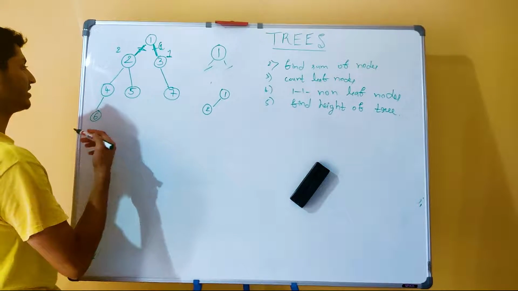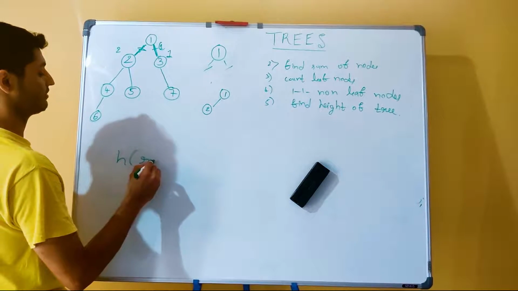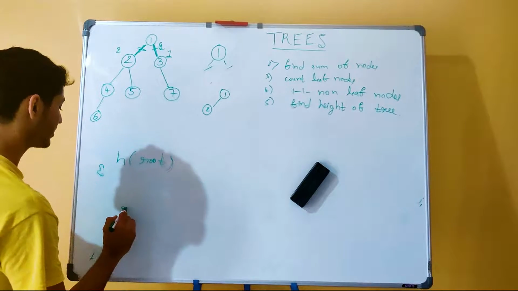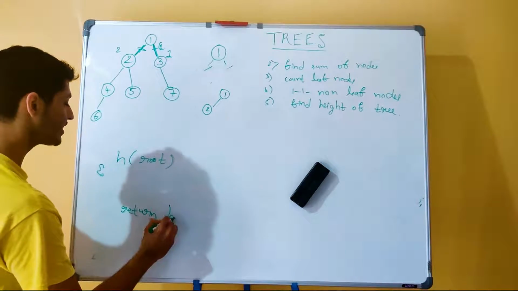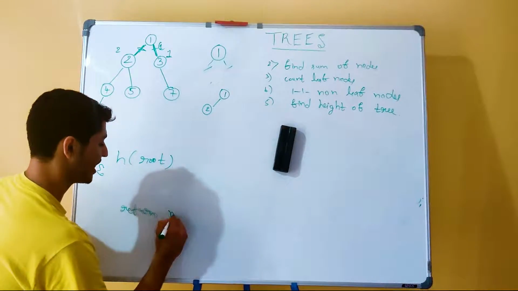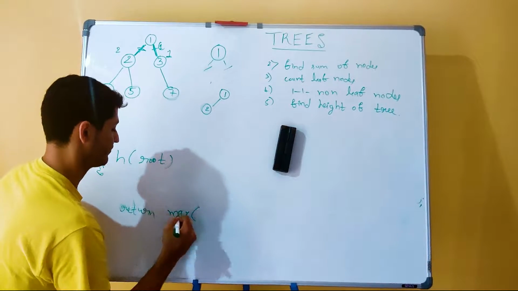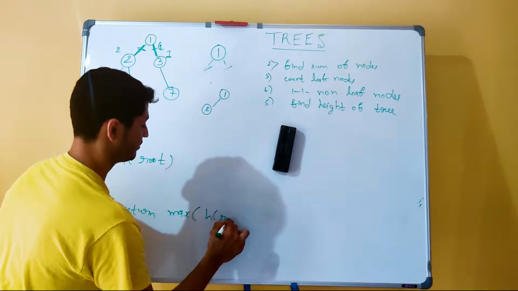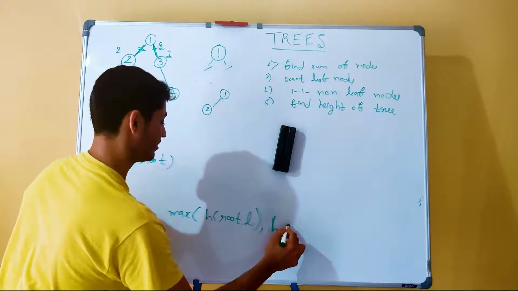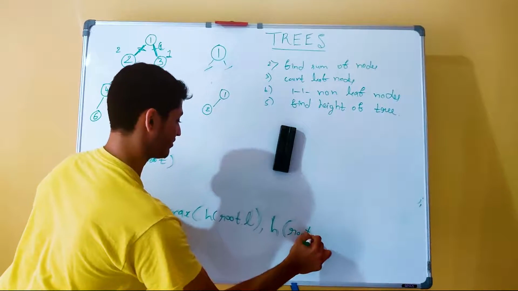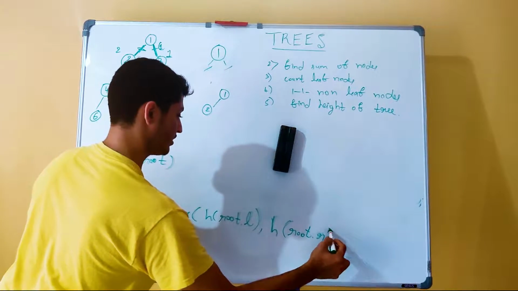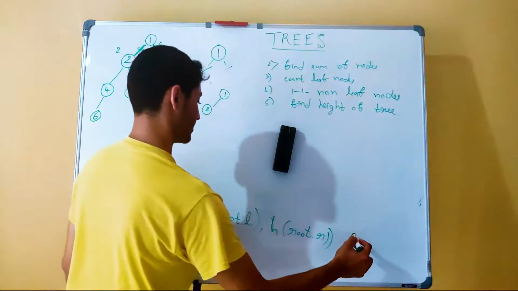Now how do you implement the same using your function? Let's say your function is to find height. What do you return? You return maximum of height of left subtree and height of right subtree, whatever is maximum, plus 1.